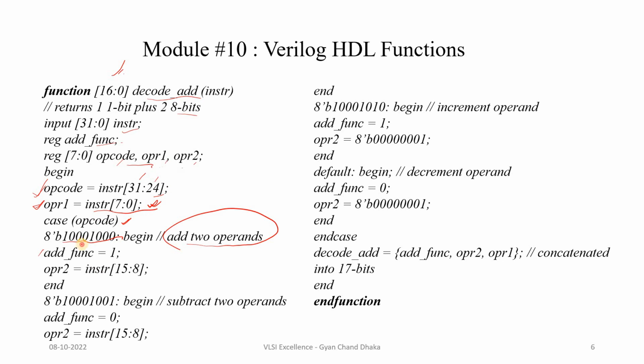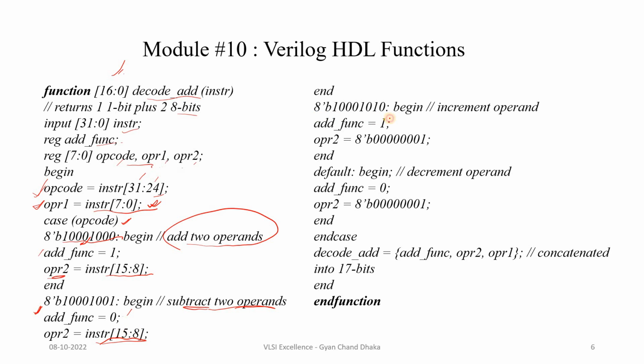If the opcode is this, it is the subtract instruction, so our add func variable becomes 0 and operand 2 is bits 8 down to 15.